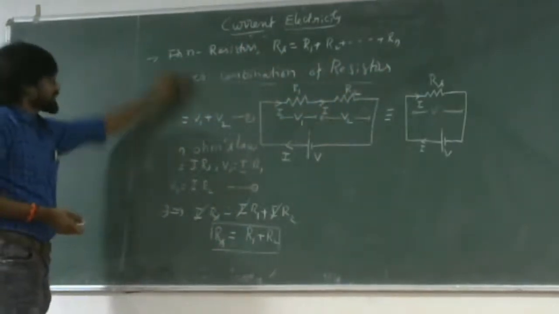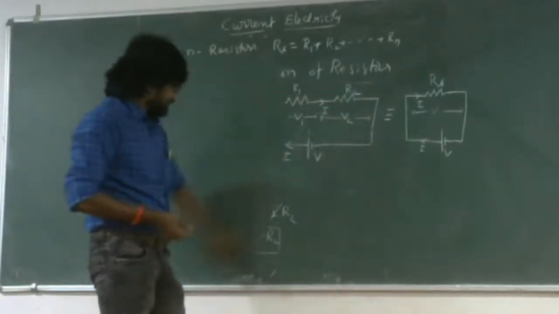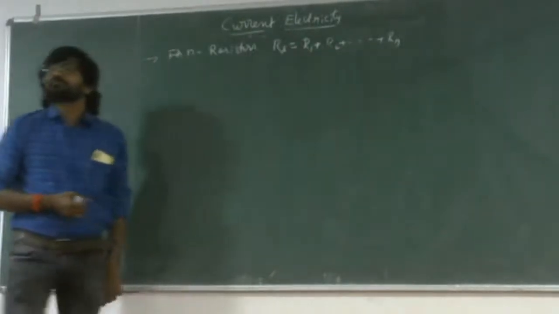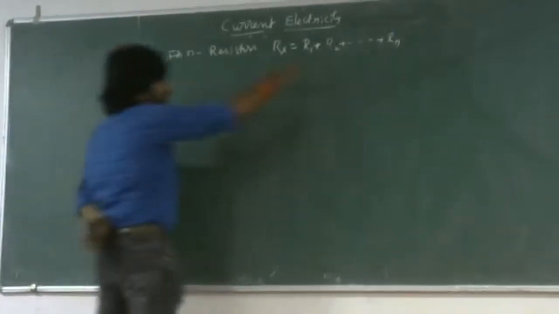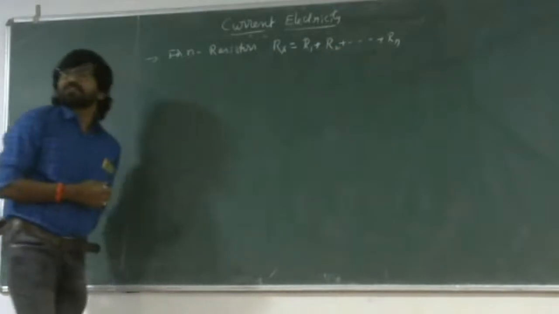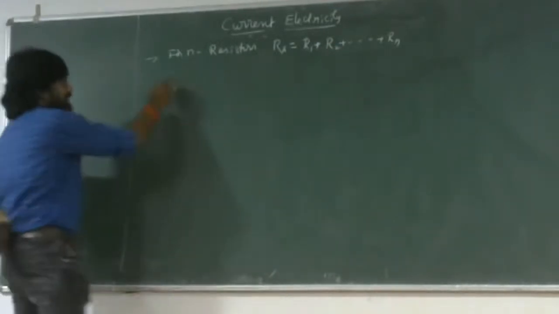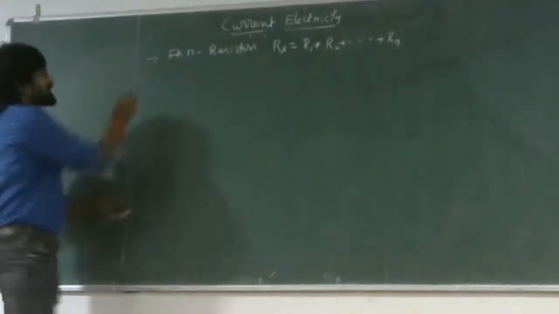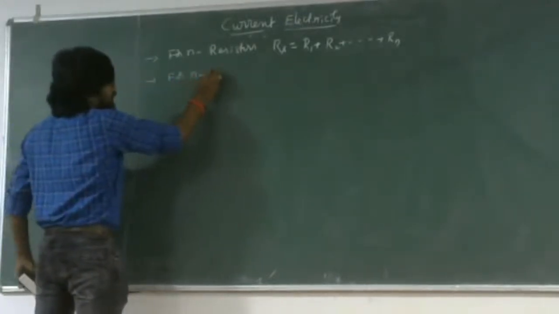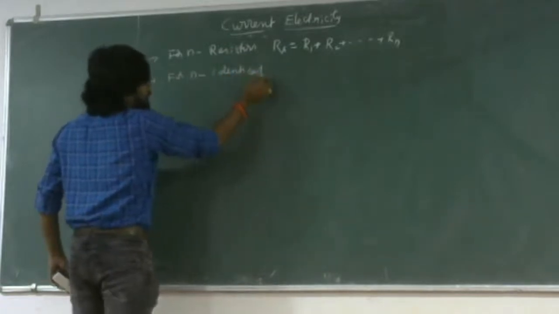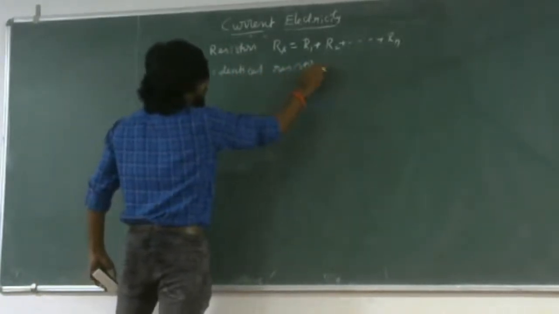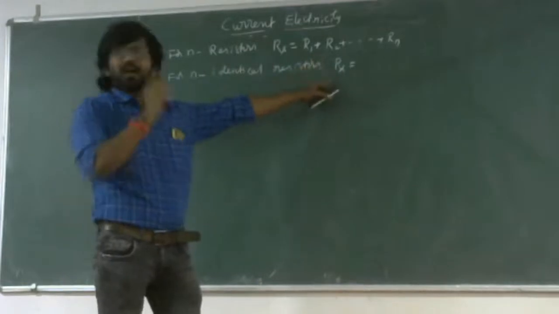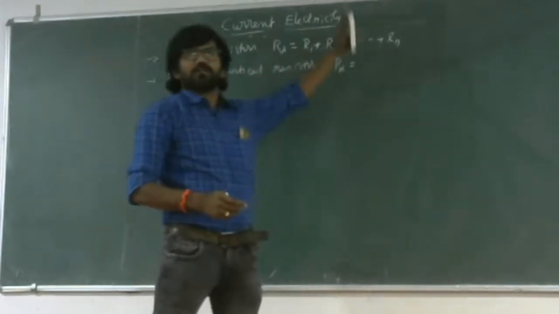Here we will discuss a few more special points, which state that if all of these resistors are identical, meaning they have the same resistance, that is, if R1 equals R2 equals R3 equals so on equals R, simply for n identical resistors, the effective resistance of the series combination Rs, or you can say R effective, is equal to R plus R plus R plus so on up to n times.